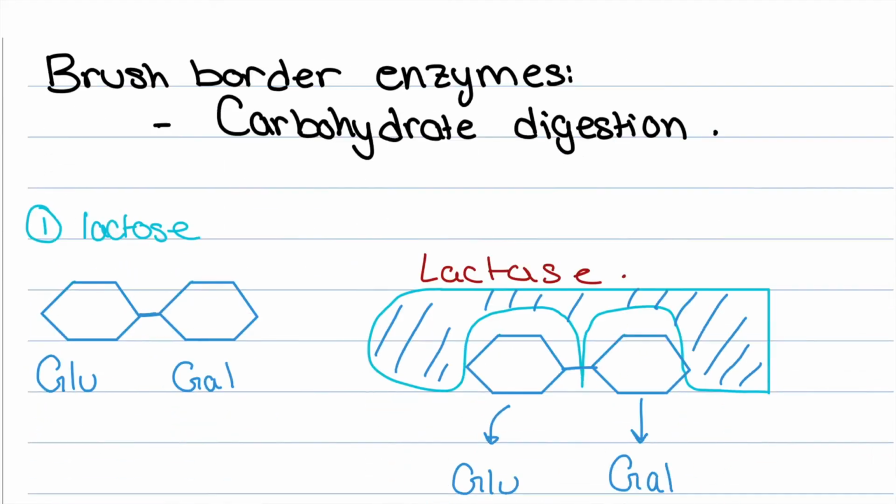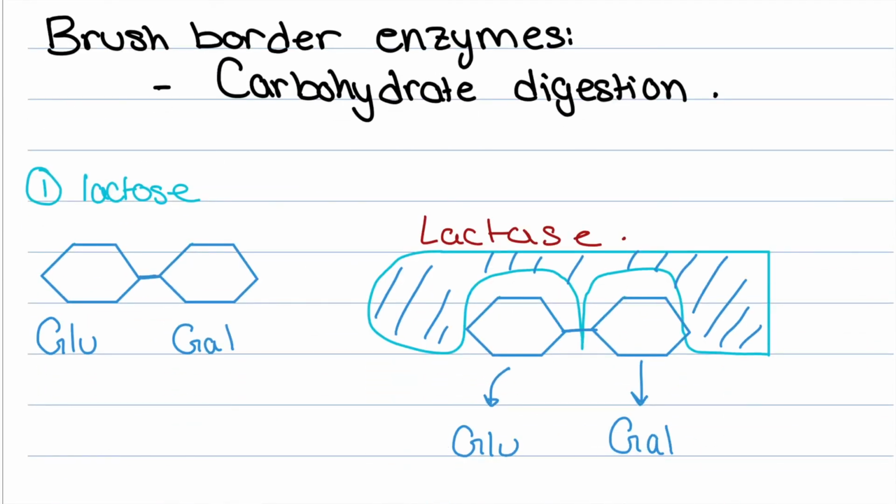Now let's start with lactose. Obviously, which enzyme is going to work on lactose? Lactase. Lactose is a disaccharide made up of glucose and galactose. I drew the enzyme here just to make it easier for you to understand.